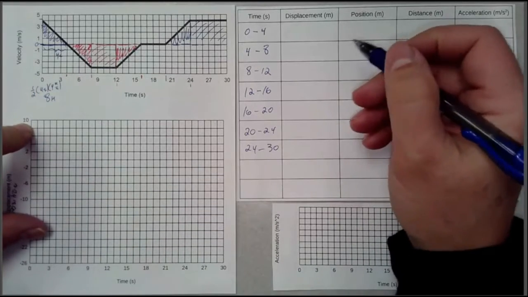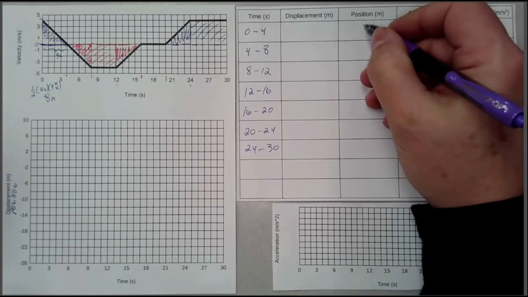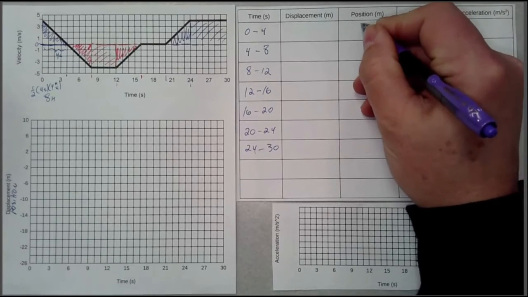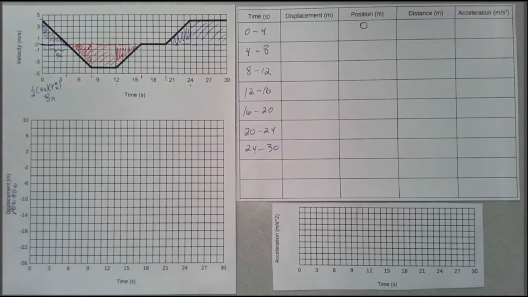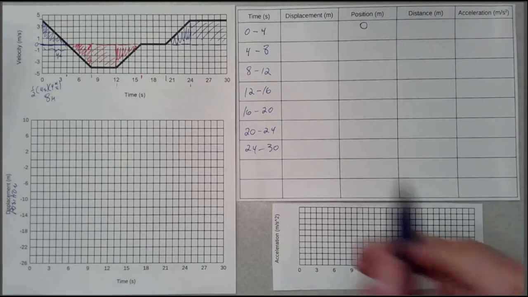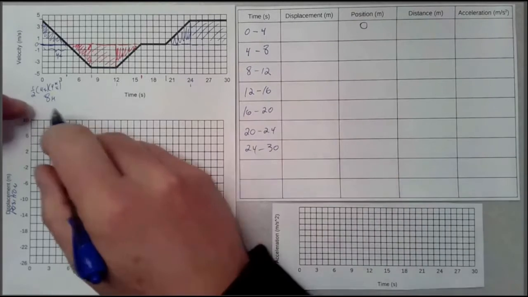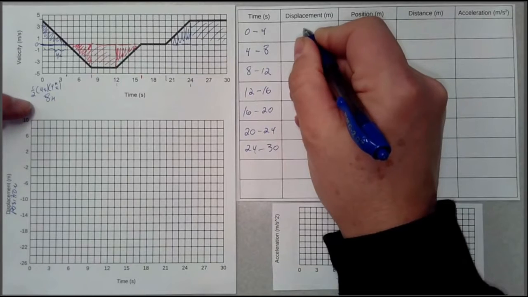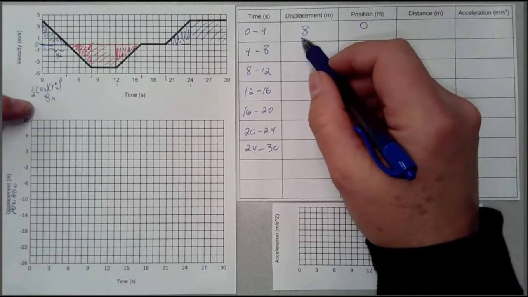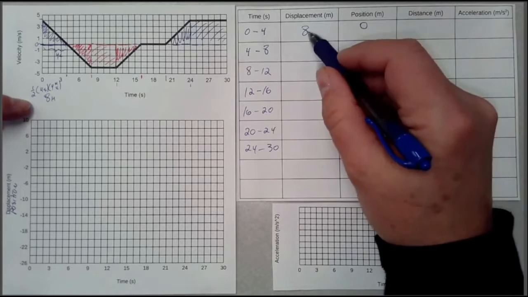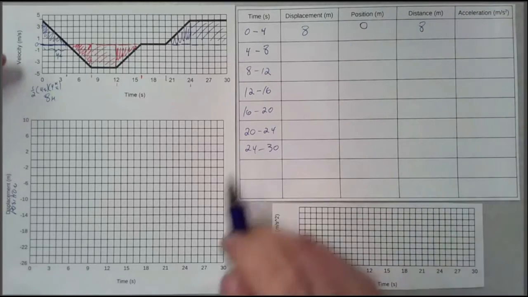We're going to say that its starting position is 0. I'd have to tell you this in the problem. So the first displacement from 0 to 4 seconds, based on the calculation of this area, is 8 meters. Now remember, the distance traveled is just the absolute value of your displacement. So this is 8, the distance traveled would be 8.